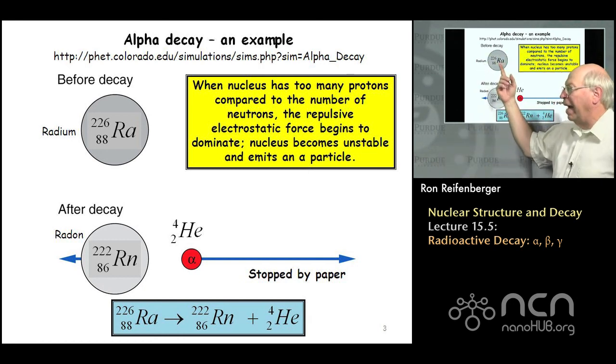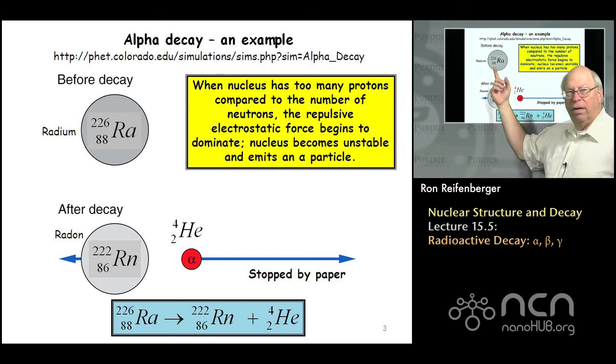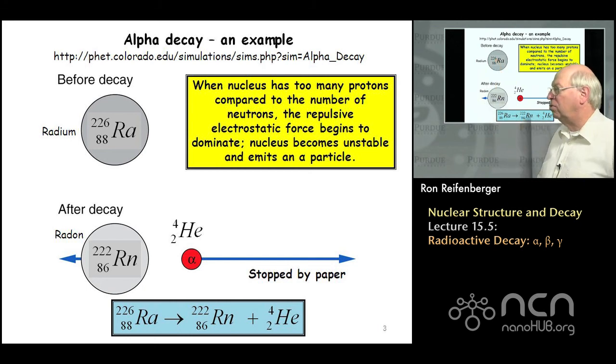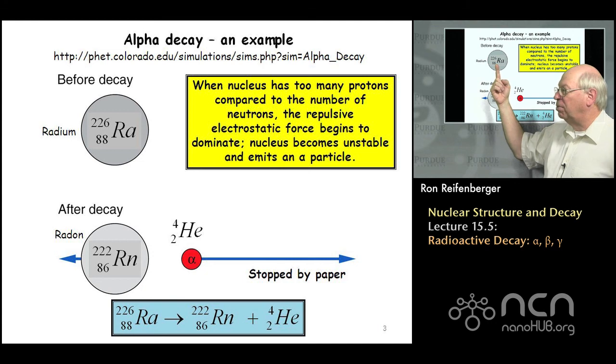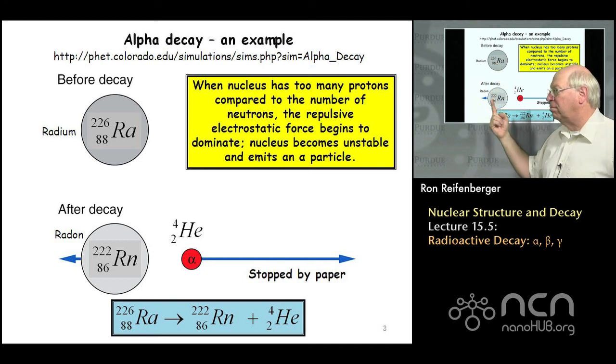So it turns out the nucleus of radium has 88 protons in it. The sum of the neutrons and protons is equal to 226. This radium nucleus is unstable to alpha decay, and that just means that after an alpha particle is emitted from the nucleus, the chemical nature of this particular atom goes from radium to radon.